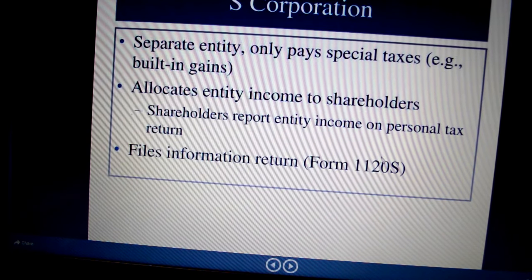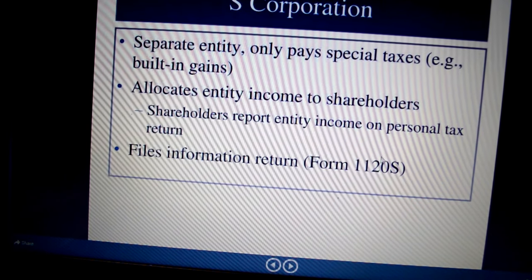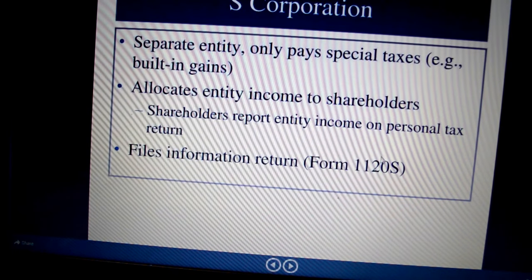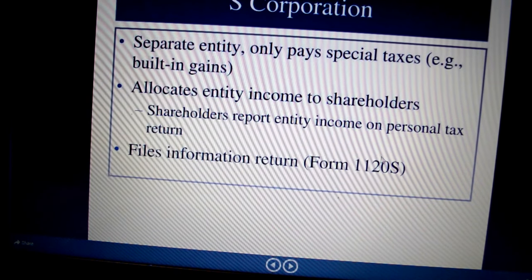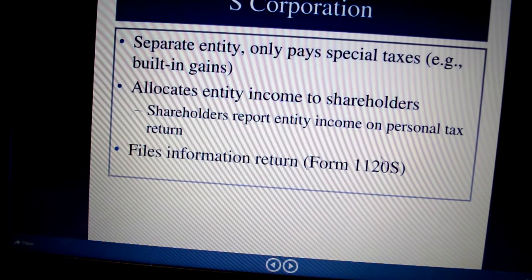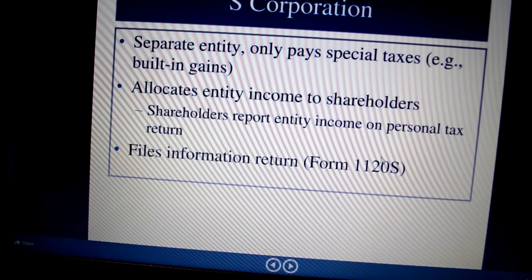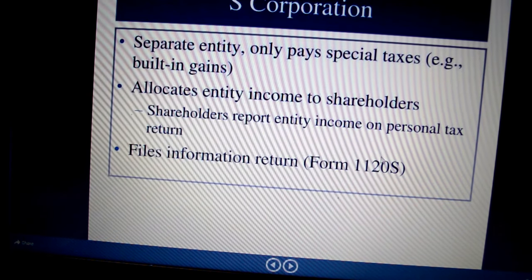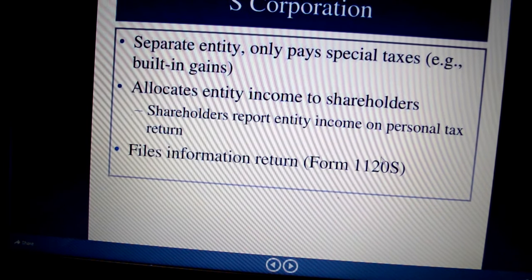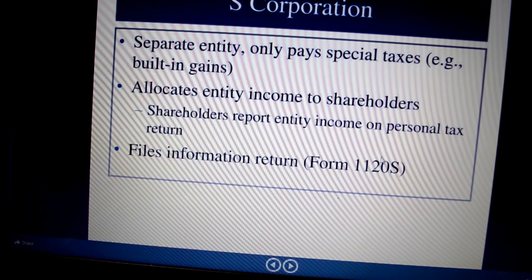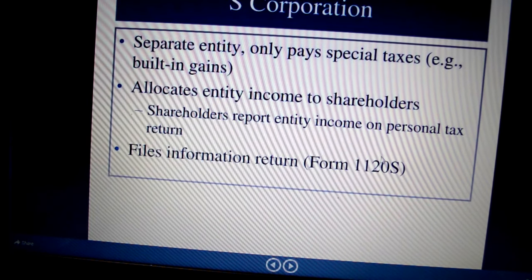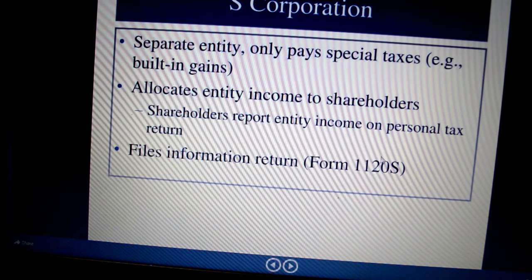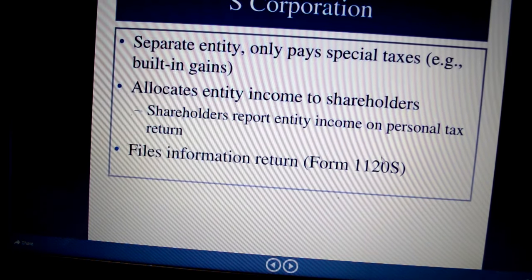S corporations, which generally do not pay federal income tax, are similar to partnerships in that ordinary business income or loss flows through to the shareholders to be reported on their separate returns. Also, like partnerships, S corporations do not aggregate all income and expense items in computing ordinary business income or loss.